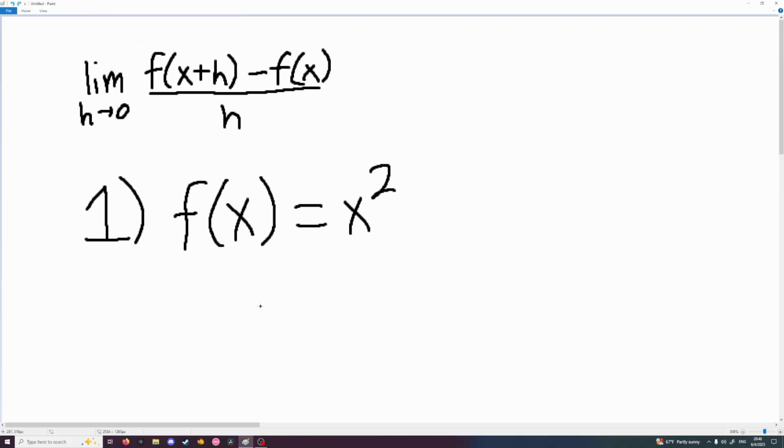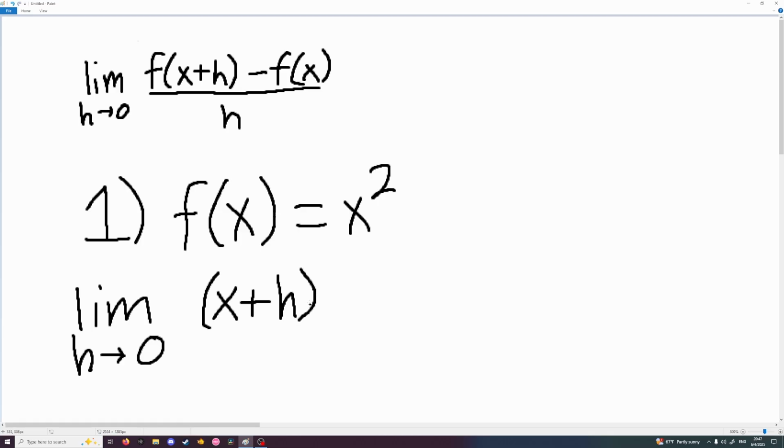So we have x squared. What we're gonna do here is simply do the limit as h approaches 0 of f of x plus h, which is x plus h squared, minus x squared, over h.